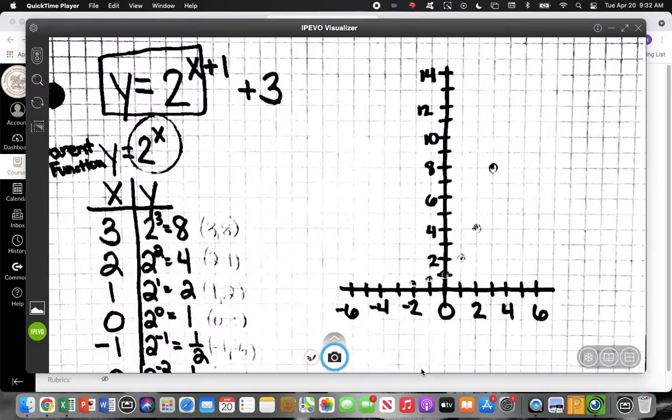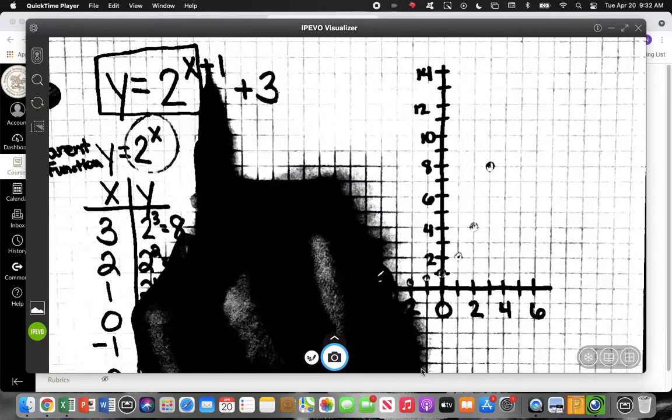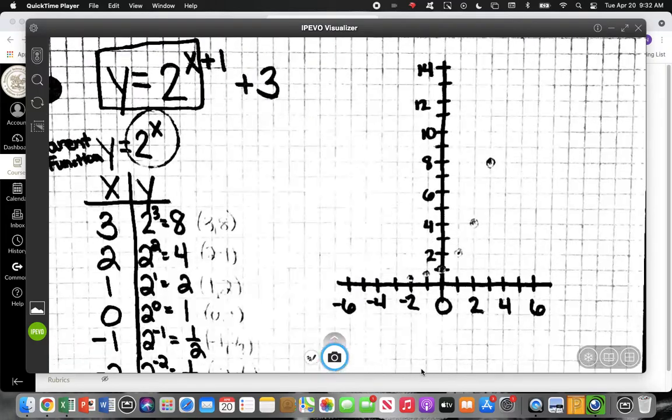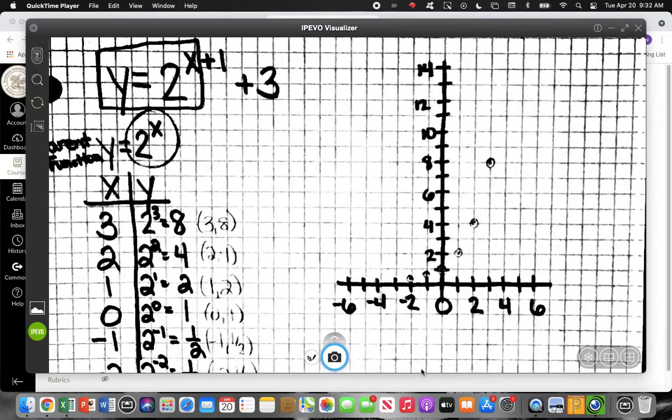So now we have two numbers. We have a +1 and a +3 that adjust how this moves. In this case, the +1 affects the x-axis. It tells us that we're going to move left or right. So based on what we wrote in our notes, if it is a +1, does that mean go 1 to the left or 1 to the right?